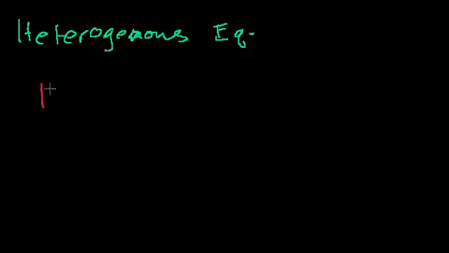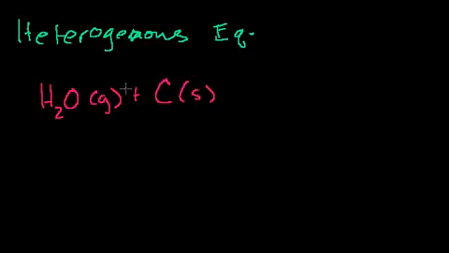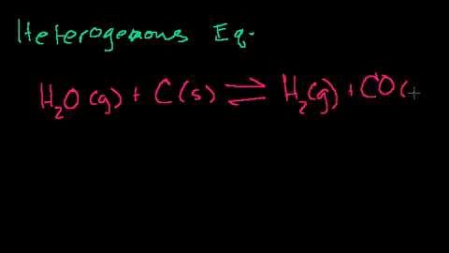Let's say I have H2O in the gaseous state, essentially steam, so it's not going to be the solvent this time, plus carbon in the solid state, in equilibrium with hydrogen in the gas state, plus carbon dioxide in the gaseous state. This is a heterogeneous equilibrium because you have things in the gaseous and the solid state.